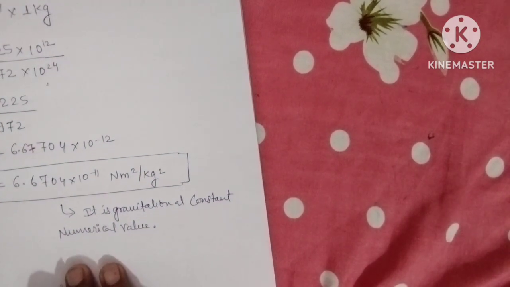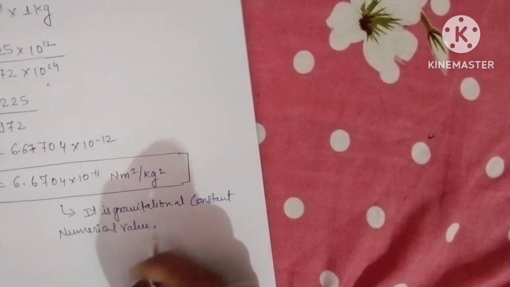So this is the numerical value of the gravitational constant.